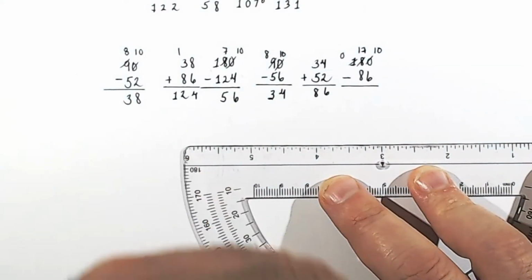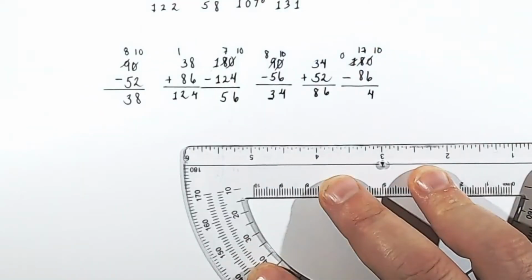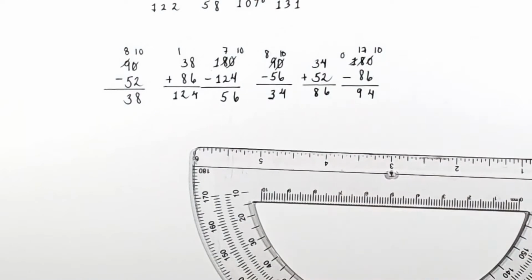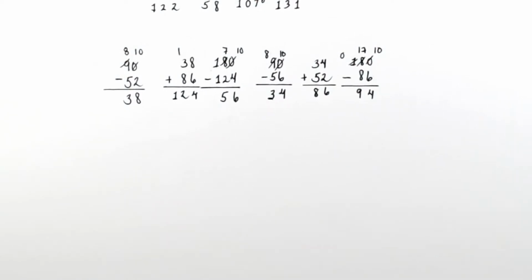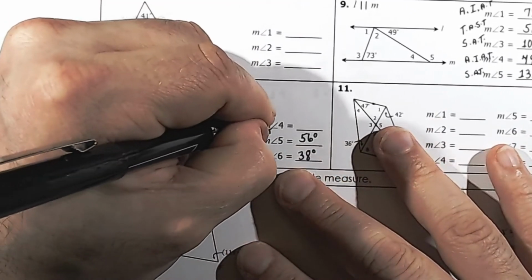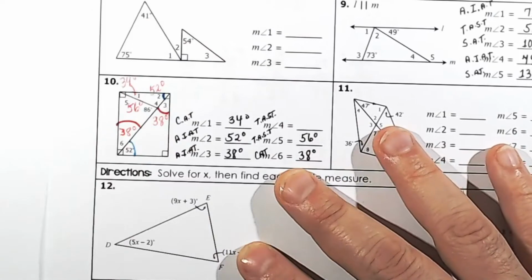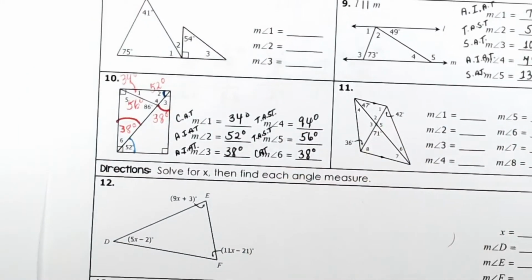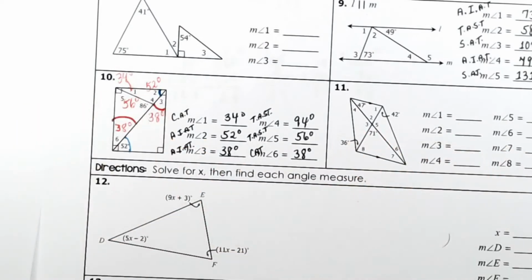6 from 10 is 4. 8 from 17 is 9. So, by the triangle angle sum theorem, the measure of angle 4 is 94 degrees. And we've completed the image.